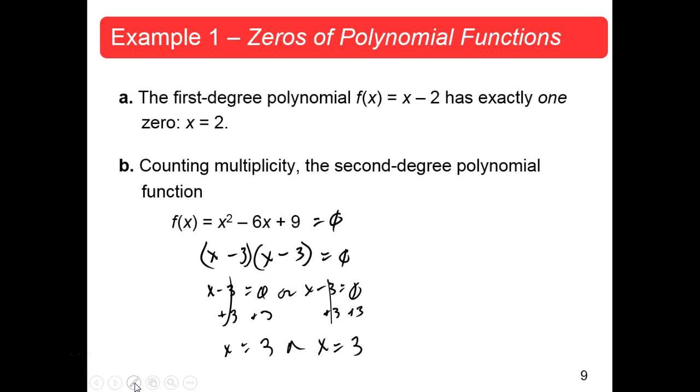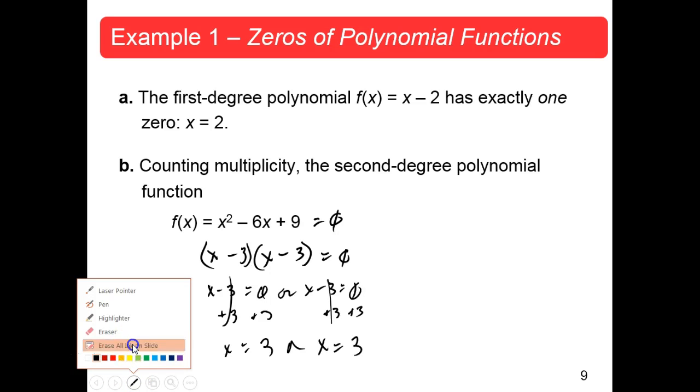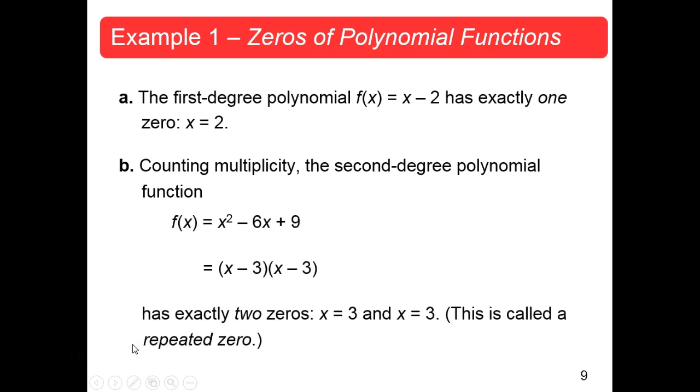Now, what that tells you, the multiplicity, if you're thinking back on that, if the multiplicity is odd, that means it crosses the x-axis. If it's even, it kisses the x-axis and goes back the same way. Okay. So let's see what they do.